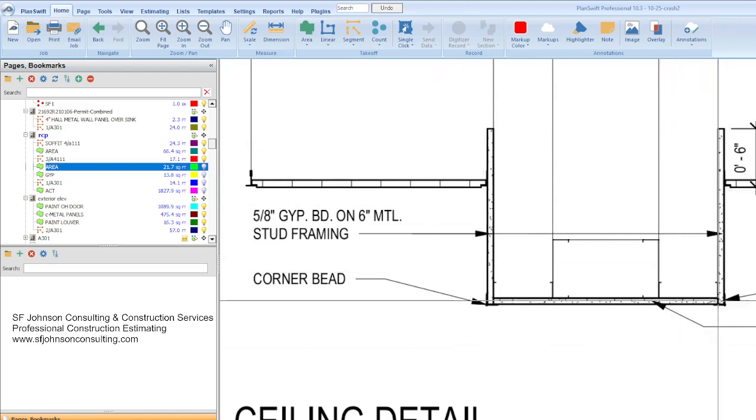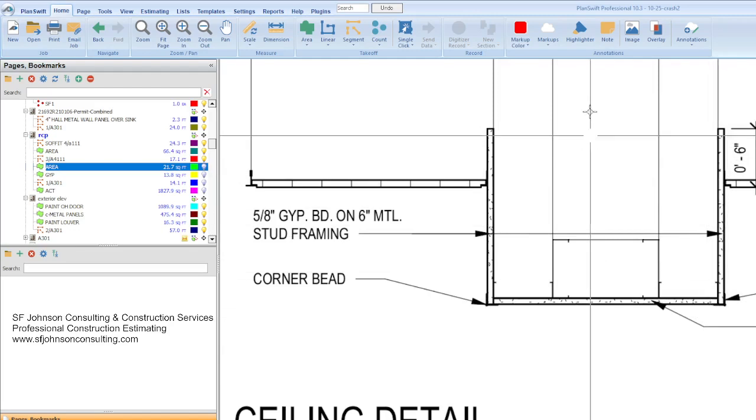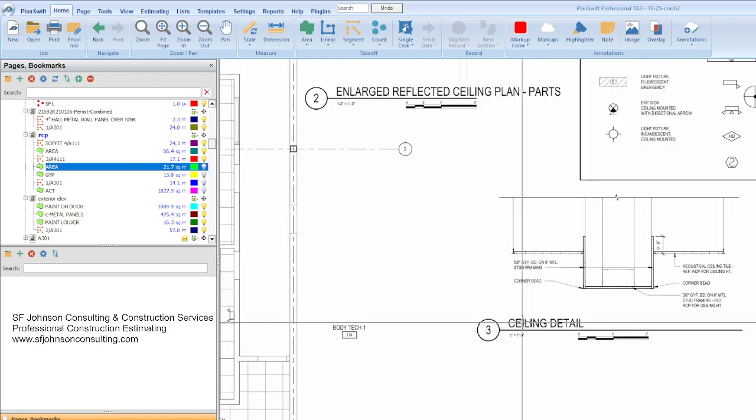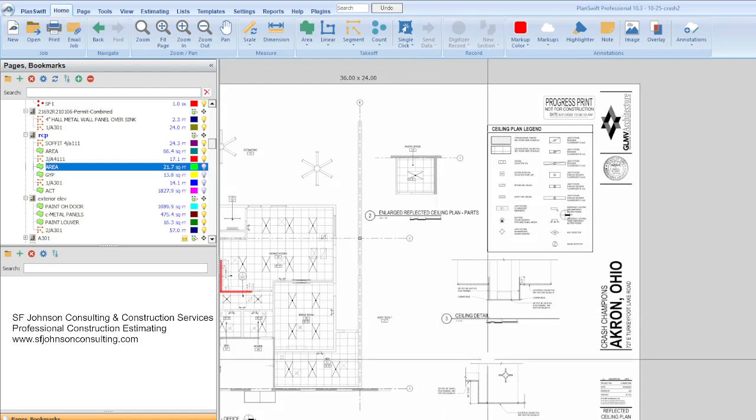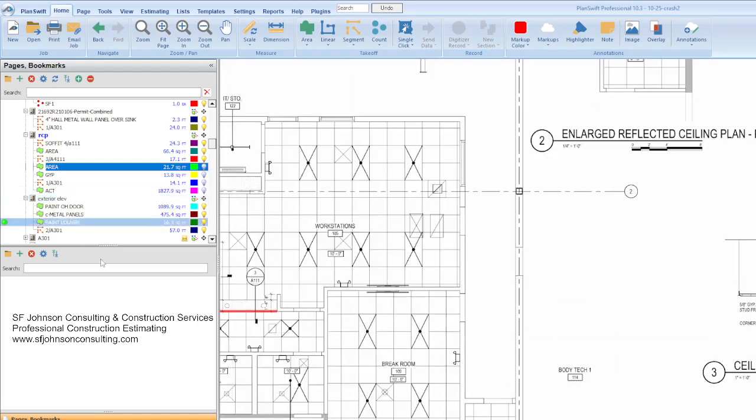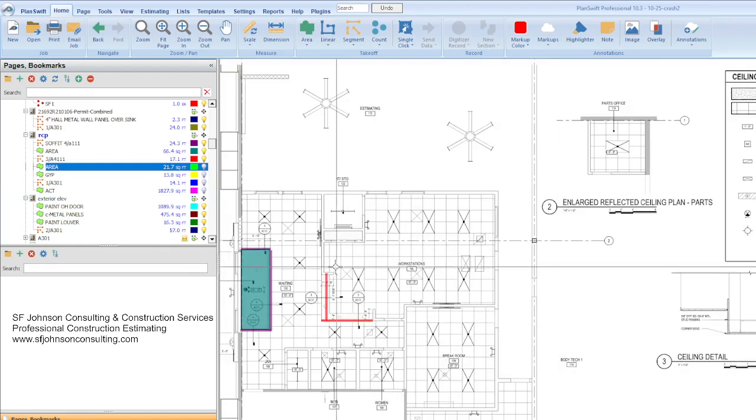The additional square feet for this soffit, 3 over A111, is 3 feet times whatever our length for that was, which is that. That's how many square feet of additional framing or drywall and framing.